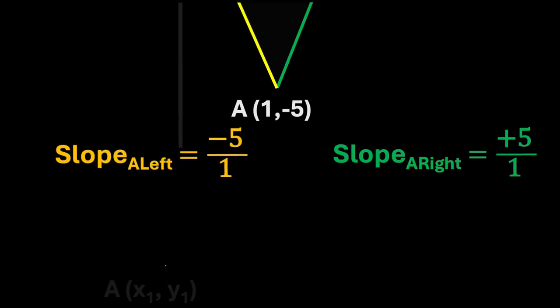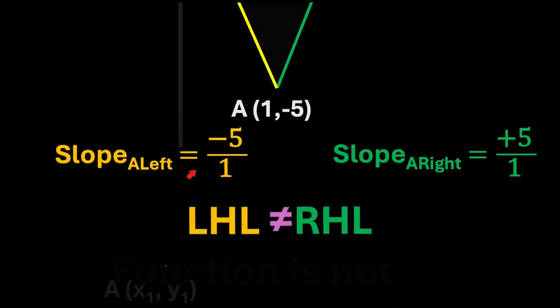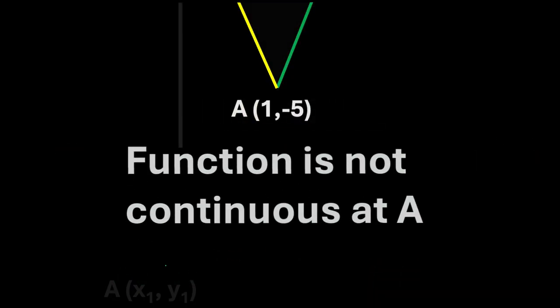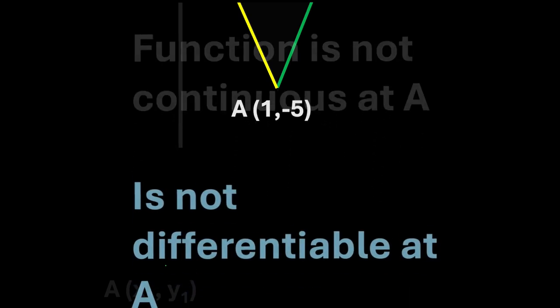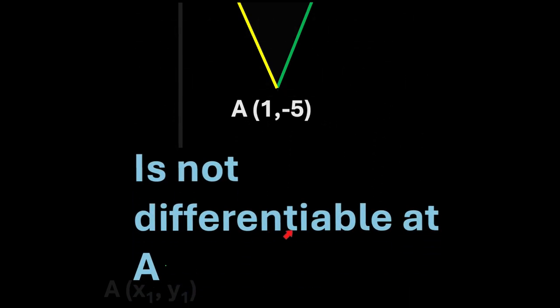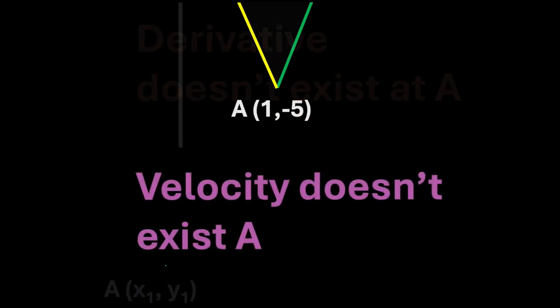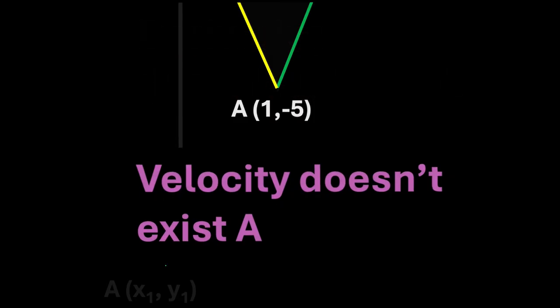Approaching from the right, slope is plus 5, which further means that the left hand limit is not equal to the right hand limit. And when the left hand limit is not equal to the right hand limit, the function is not continuous at A. When the function is not continuous at A, it is not differentiable, which means the derivative doesn't exist at A. This is the derivative of the displacement time graph, which gives us velocity, and therefore velocity doesn't exist at A.